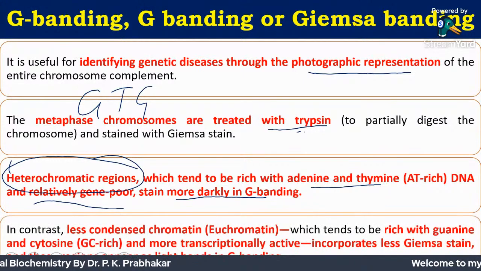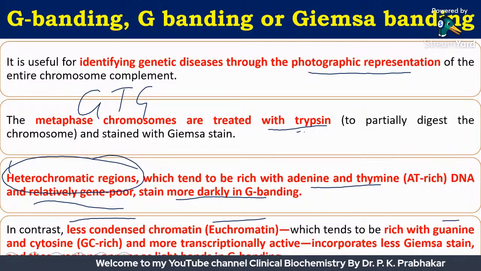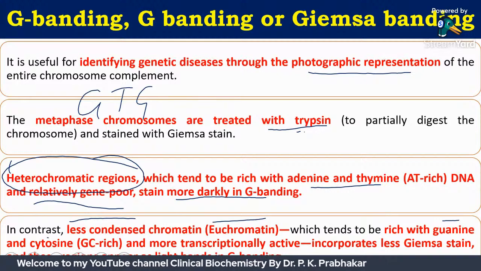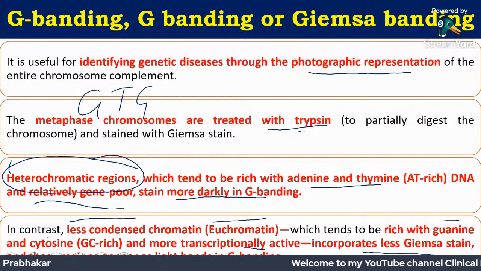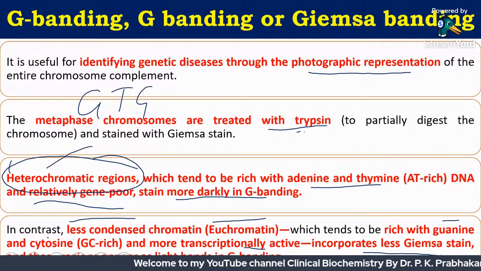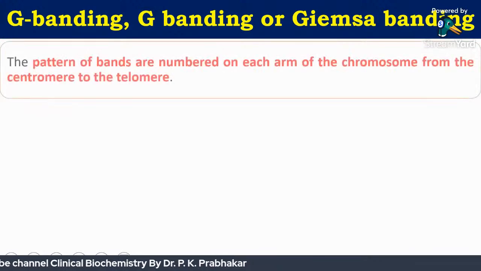The second part is less condensed, a little more relaxed. That is called the euchromatin region, and they are richer in GC, guanine and cytosine. They are transcriptionally active, and they incorporate less Giemsa stain, so they will be visualized as light staining. Dark staining is heterochromatin, and light staining is euchromatin.